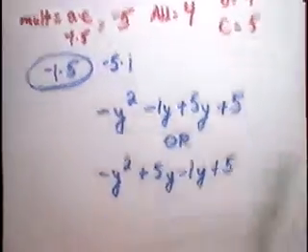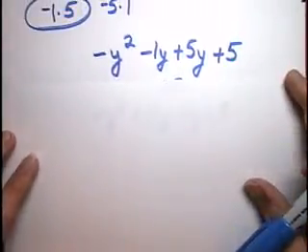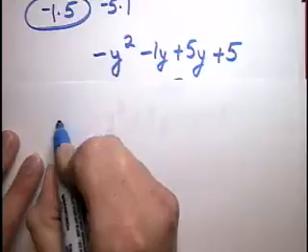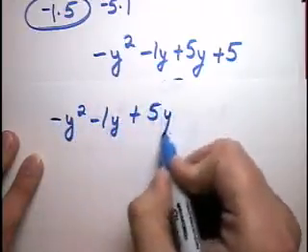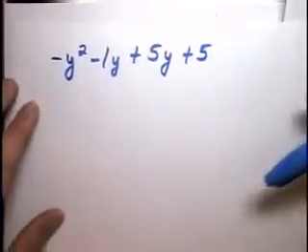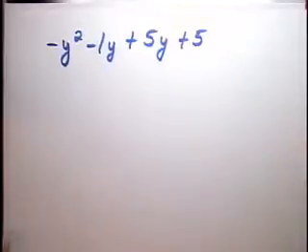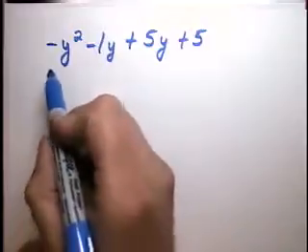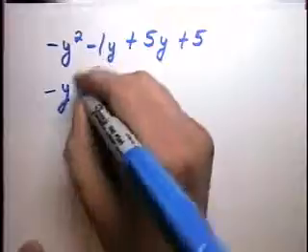Let's start with this first one. We have the -y squared minus 1y plus 5y plus 5. Let's take those four terms and factor by grouping. Looking at the first two terms, let's divide out that negative sign and a y.